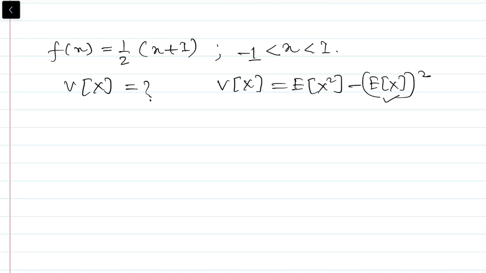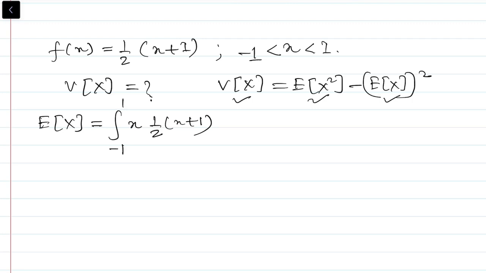So we need expectation of x and expectation of x square in order to calculate the variance of x, right? So let's first calculate the expectation of x. This is simply x times the PDF, and the PDF is half times (x plus 1). And the range is -1 to 1, dx.